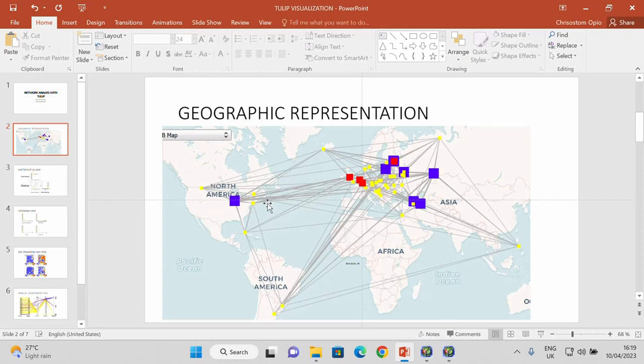In North America, there is this population. In Africa, none came from Africa, and you find the majority was concentrated in Asia and the Middle East and so on. So this clearly brings out the geographical distribution of the candidates. And it also shows us where the champions came from most, and also those who participated and so on.